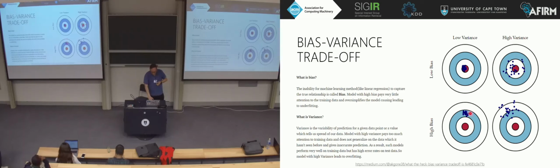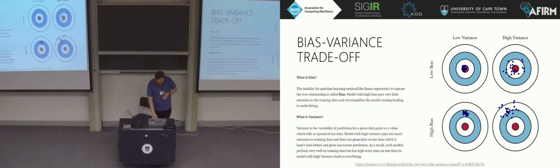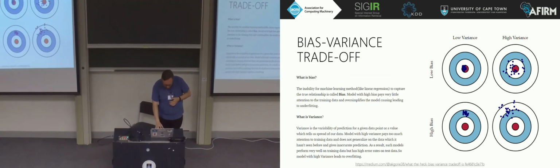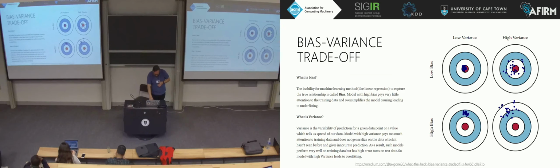I'll show you in the next slides what it means in ML to have high variance. If you have high bias, that means you've got less spread, but you're kind of missing the bullseye, and then high variance and high bias is that you're just completely off.